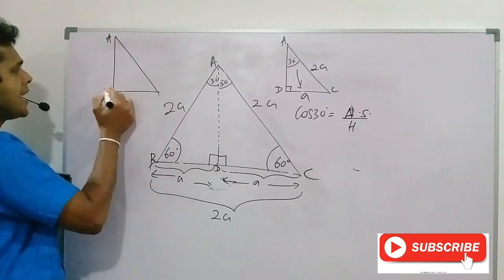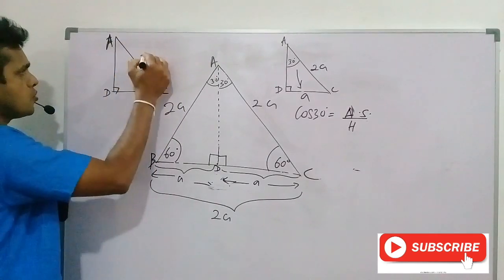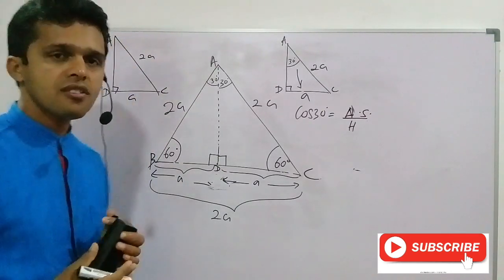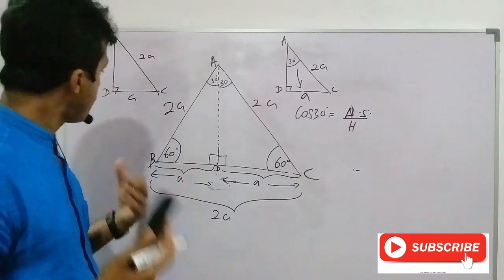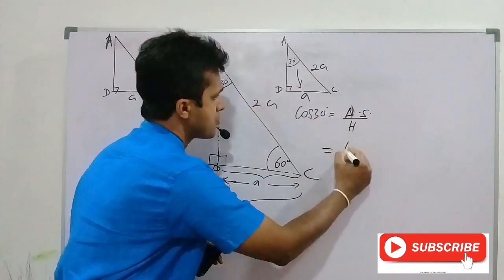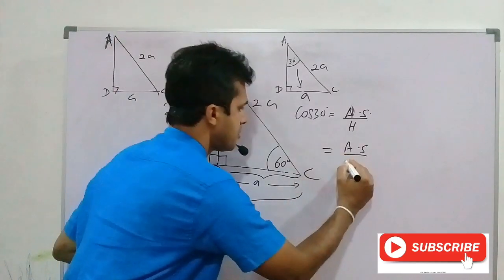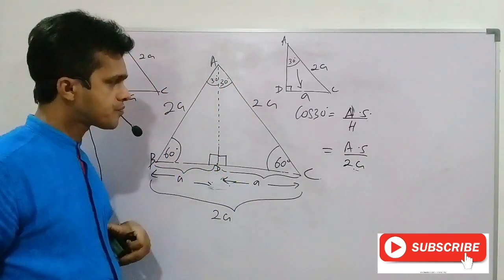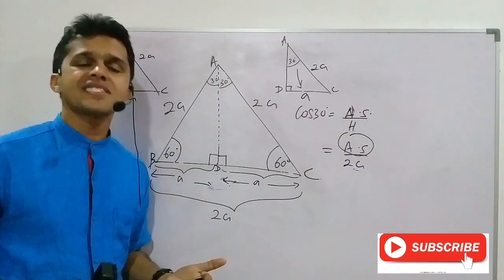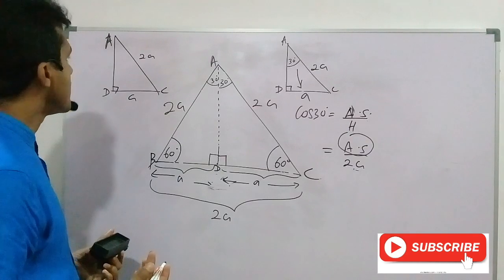In the triangle ABC, this is 2a, this is a. We have to find the value of AD. You do not know AD, but you know the value of the hypotenuse, 2a. How can you find the value of AD?